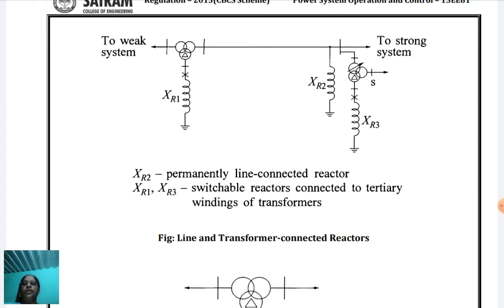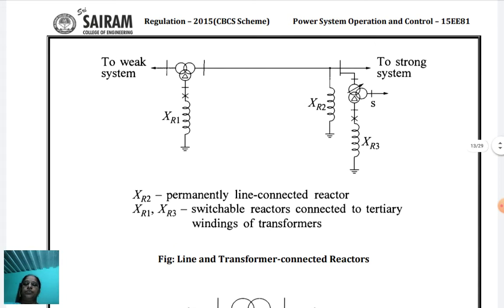So the permanently line connected reactor goes through the transformer. The three circles are there, no, that is the transformer only. And then here also, XR1 and XR3, that means these switchable reactors are only connected to the tertiary winding of the transformer, that is the third winding.